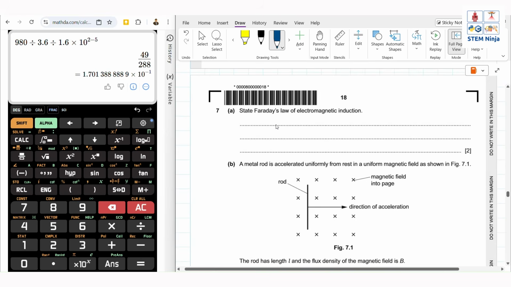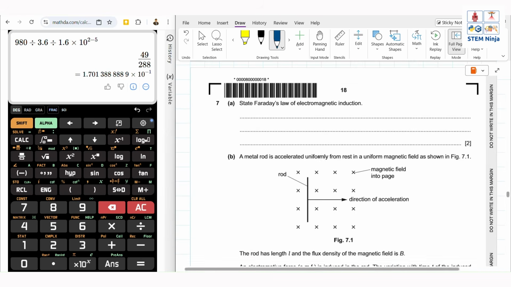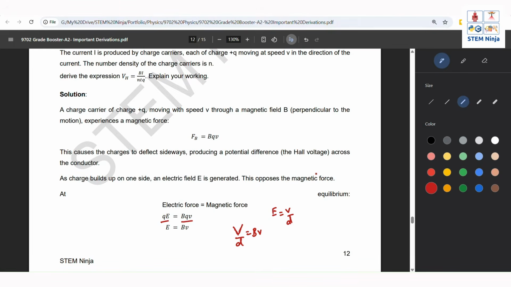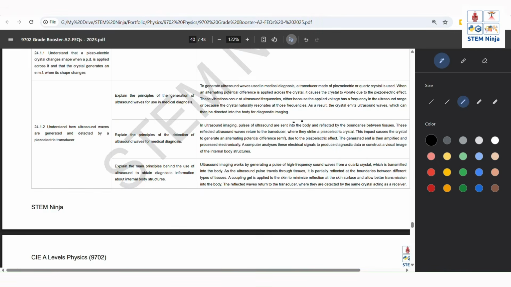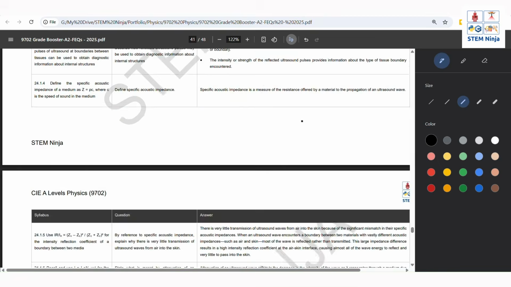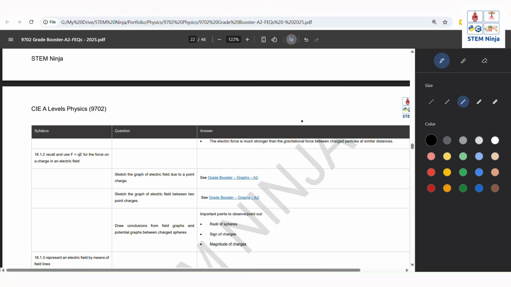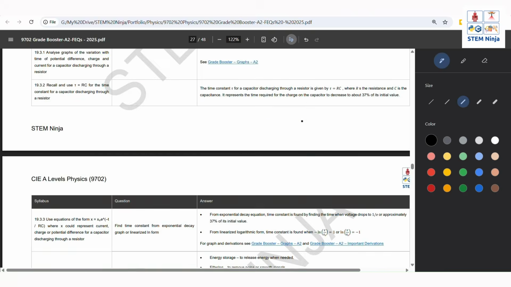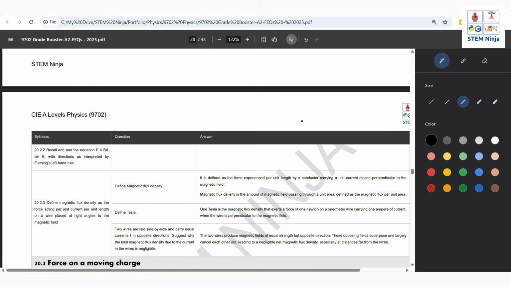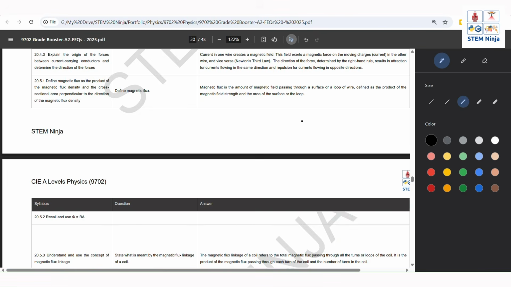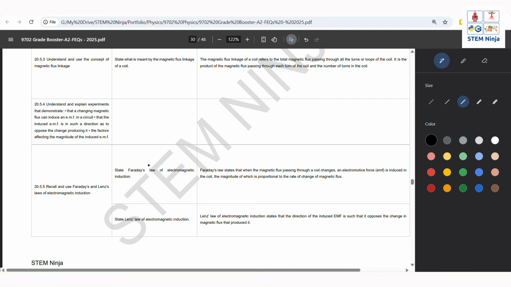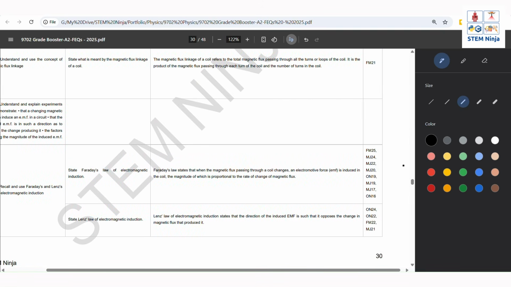State Faraday's law of electromagnetic induction. As you can see, a very frequently examined question.